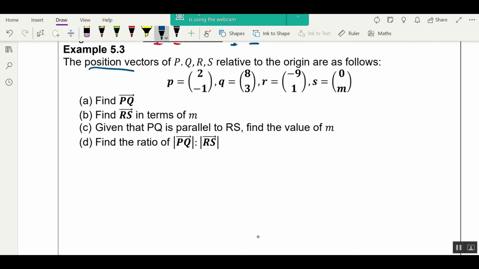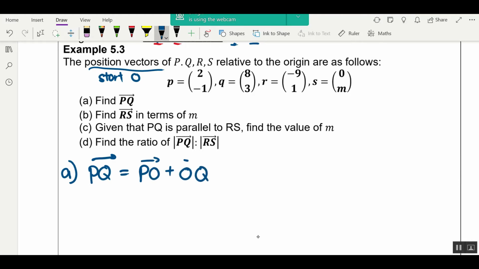Okay, so a typical example in the exam would be like that. The position vector means start from O. Start at O, of P, Q, R, S with respect to the origin are as follows. So how to find PQ? First, very simple. PQ, if you do not have a big understanding, just say that it is PO plus OQ. Now, PO is who? You don't have PO because this guy is OP in this direction, this guy is OQ, this guy is OR, this guy is OS.